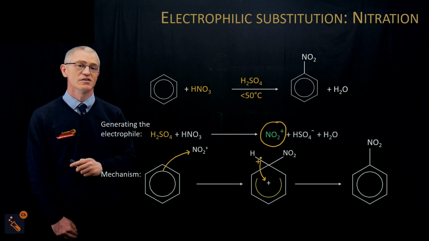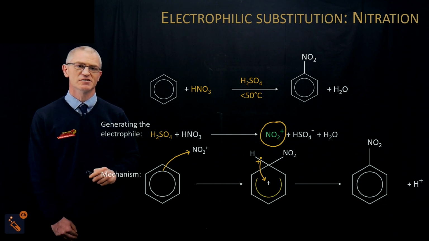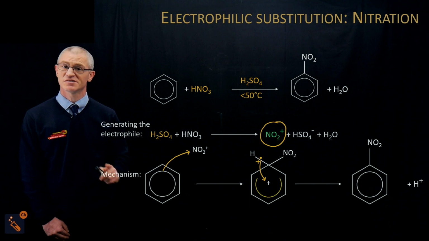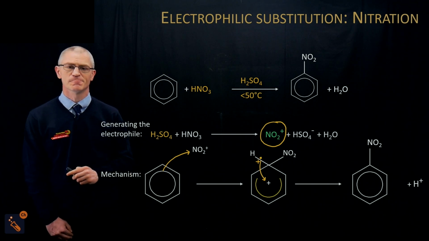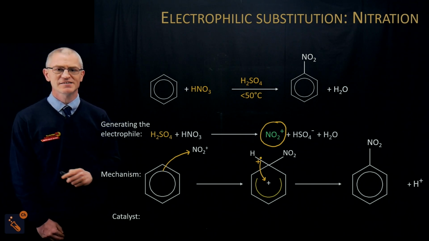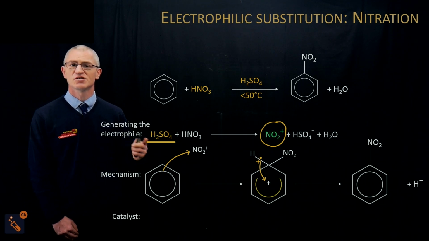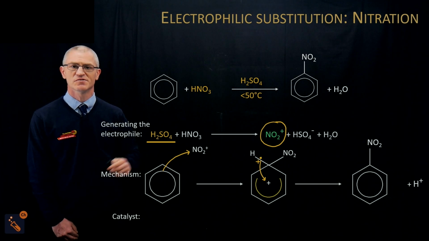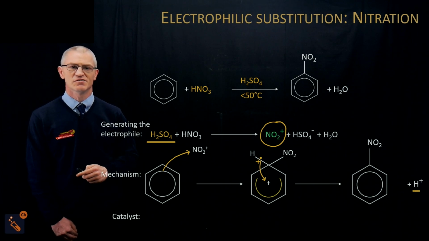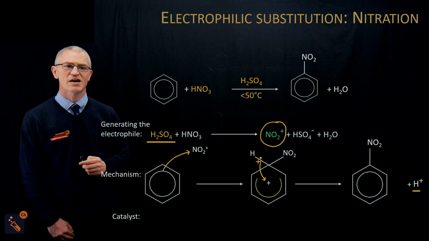Now we're missing our H+. Our H+ is gone because it's lost that electron, but it's the same mechanism as you had before. We also need to know our catalyst mechanism. Our catalyst mechanism is about something that's used up, which we have, the H2SO4 here, and then regenerated. So let's have a look at how we regenerate it.